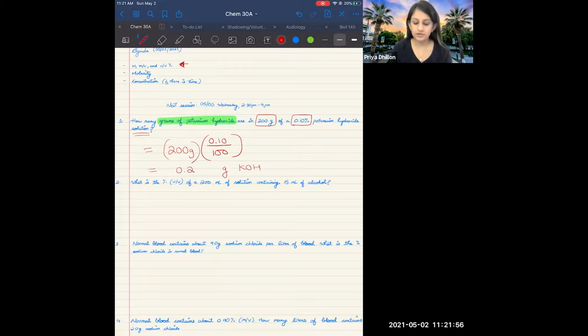So 0.2. And then we'll just put a 0 here so that we have the correct amount of sig figs. So here you go, that's your answer.